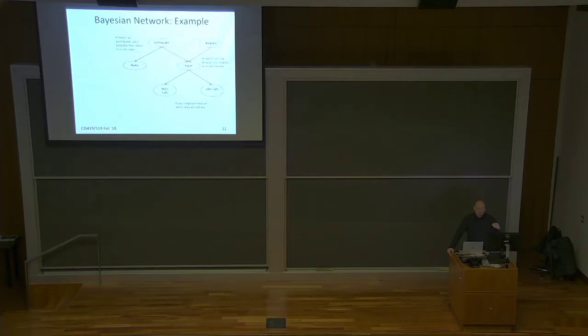Because alarm is the parent of John, and once I know the value of alarm, I don't care about what happens above it to determine the probability of whether John calls or not. Okay, so that's the assumption here. These are the set of assumptions that we have. And once I have this set of assumptions, I can answer some questions. Here are two of the questions that I want to ask.